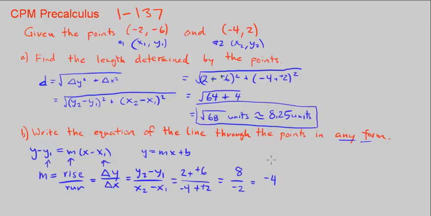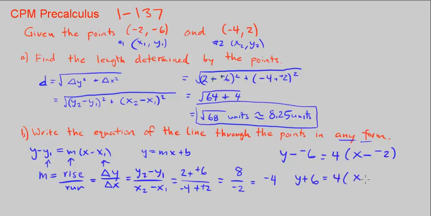We can now use our slope and any one of the points right here, and we get y minus y1. Again, I want to use this one. I could use this point too, it doesn't matter. Equals our slope times x minus x1, which is negative 2. Minus the negative is positive, so let's simplify this a little bit.